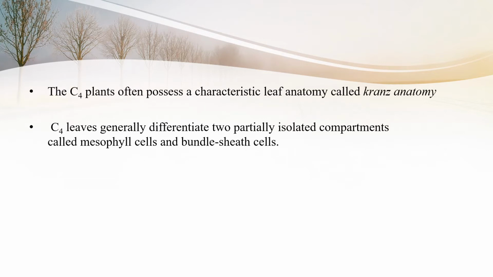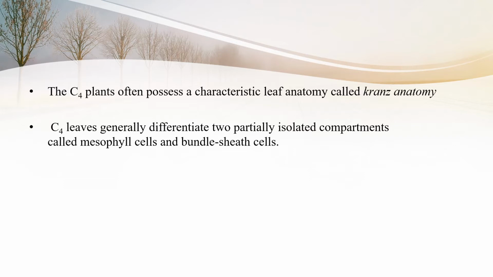In C4 plants, there are large cells around the vascular bundles, and these are called bundle sheaths. We find this arrangement in C4 plants, and these bundle sheaths are arranged in the form of a wreath. A wreath means a circular or ring form.